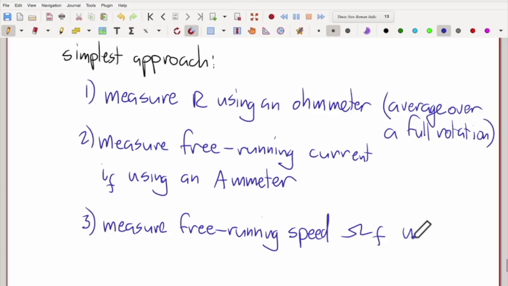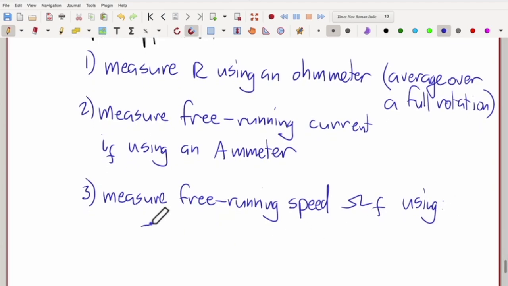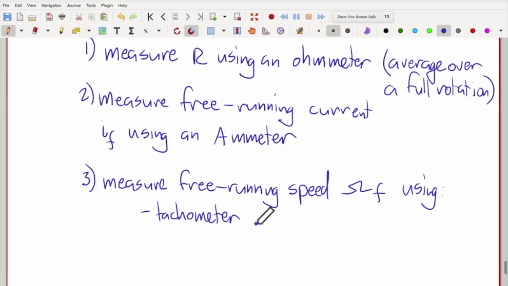There's a couple ways to do it. Easiest is a tachometer, which is a special device that if you put a mark on the axle, it will pick up as that mark passes in front of a light.